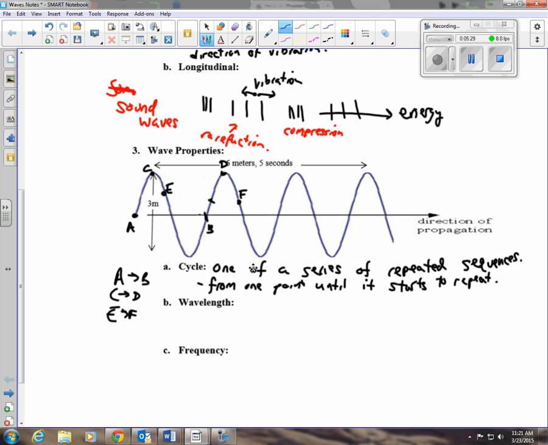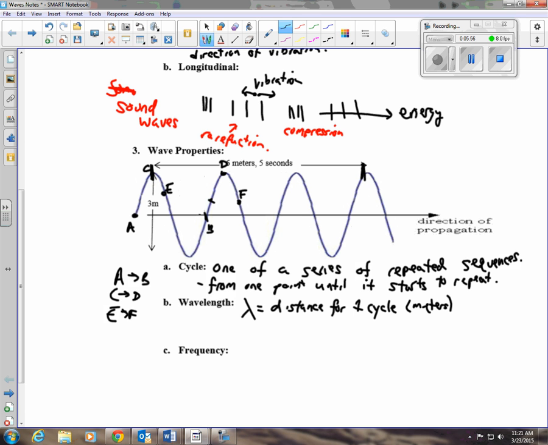Now the wavelength, and the letter for wavelength is a Greek letter lambda. It looks kind of like an upside down Y. Okay? And this is the distance for one cycle. And the unit is going to be meters. So if I take a look at this one, from here to here, it's 6 meters.